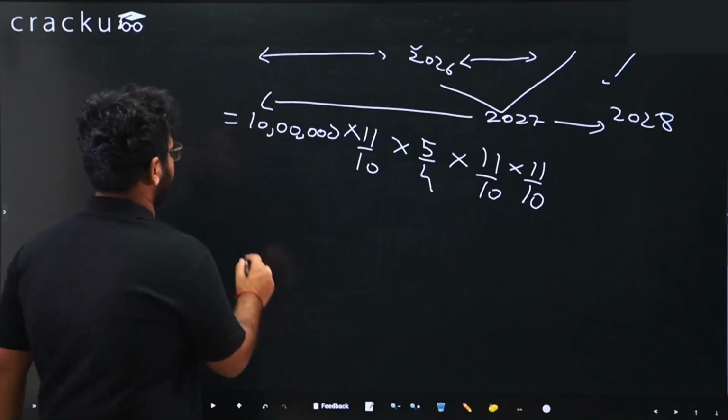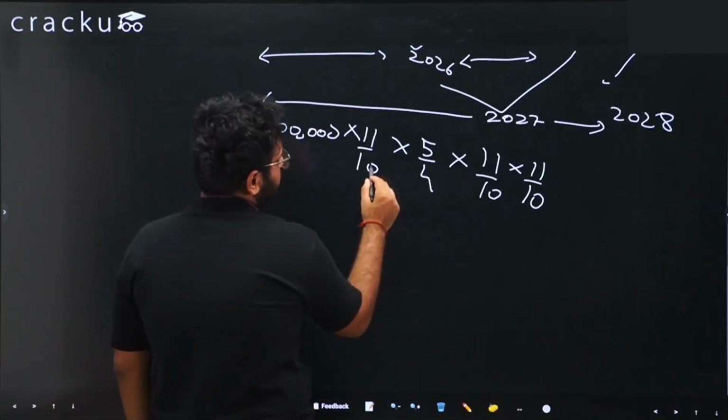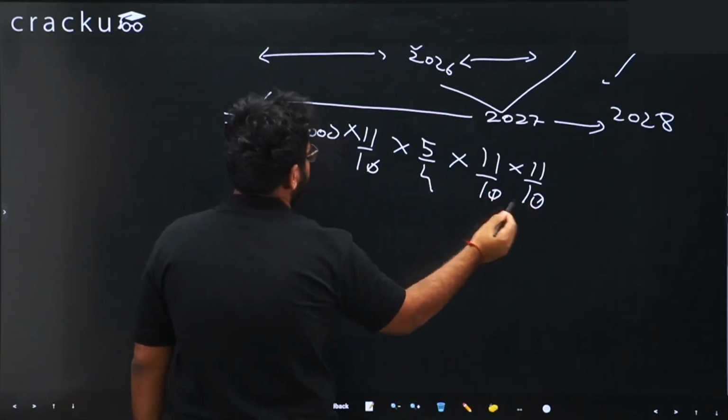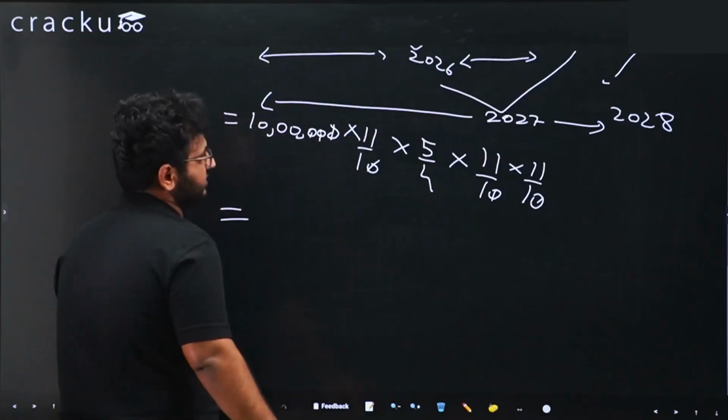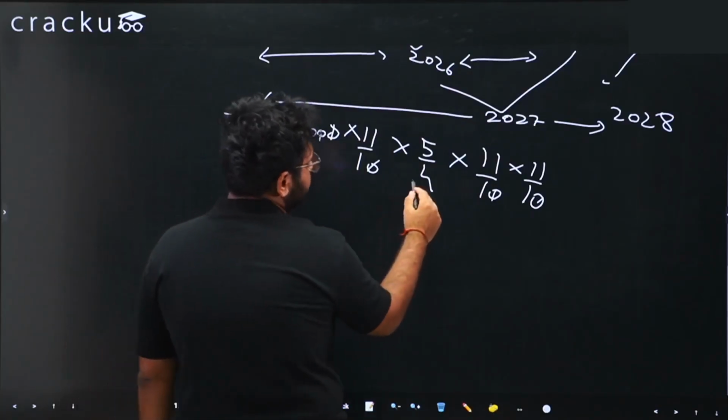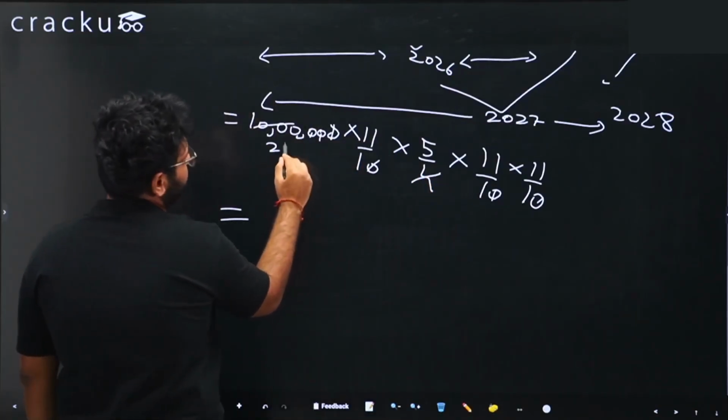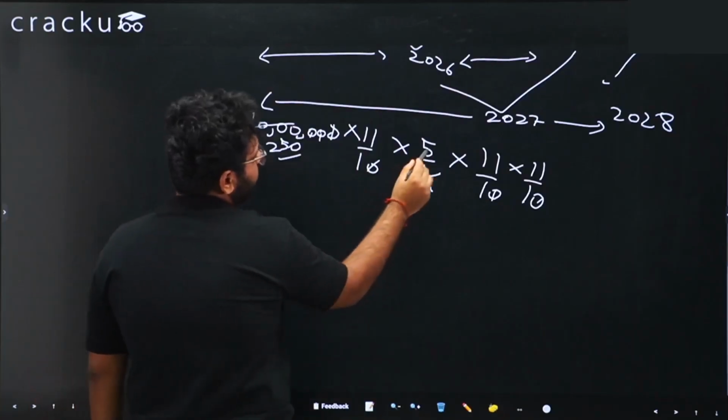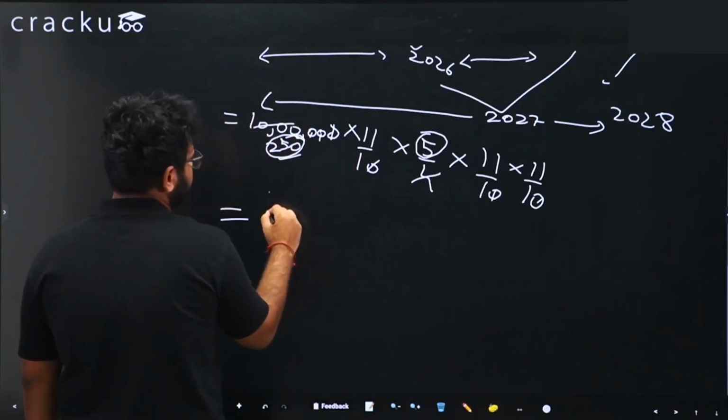So let us calculate this. 10, 10, 10 gets cancelled out. 4 into 25 is 100, so which will be equal to 250. 250 into 5 is 1250.